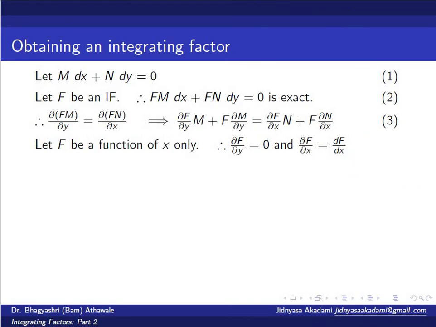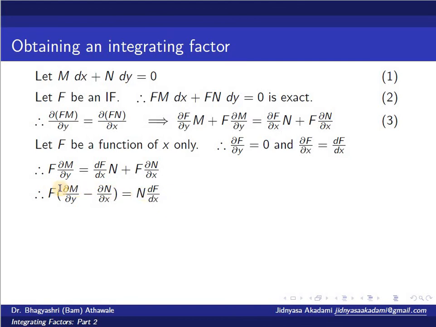So putting these values, our equation 3 becomes f into ∂M/∂y is equal to df/dx into N plus f into ∂N/∂x. Now if we take these 2 terms containing f together, we get f into bracket ∂M/∂y minus ∂N/∂x is equal to N into df/dx.